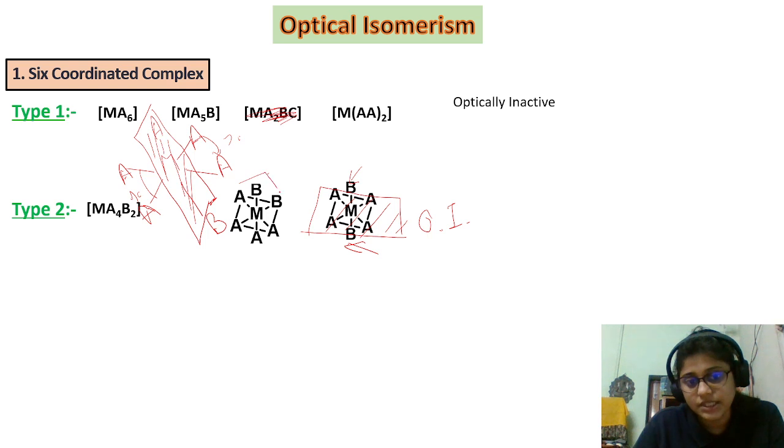But if we imagine a plane that will be covering this 2A to B, then this plane will be reflecting this A and this A. Hope you understood it properly. This B, A, this. Let's clear it and draw it again.